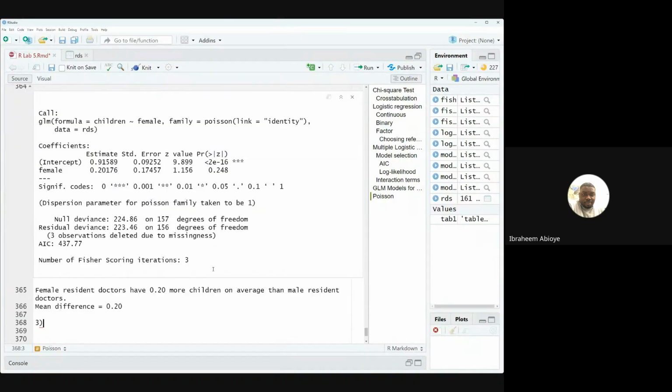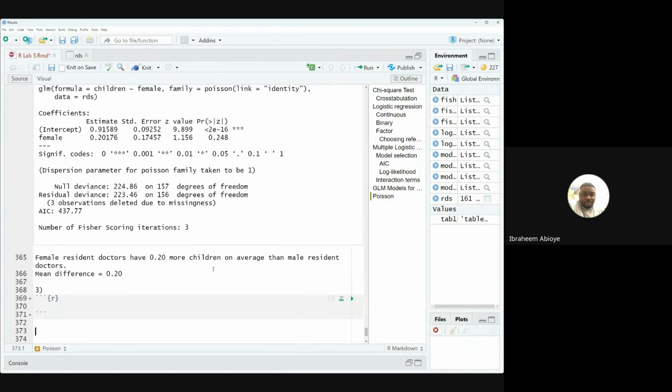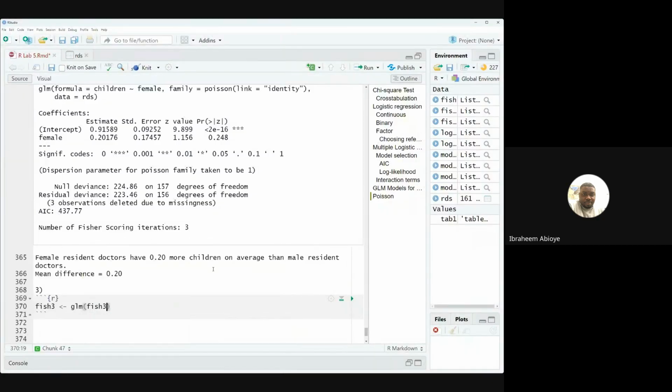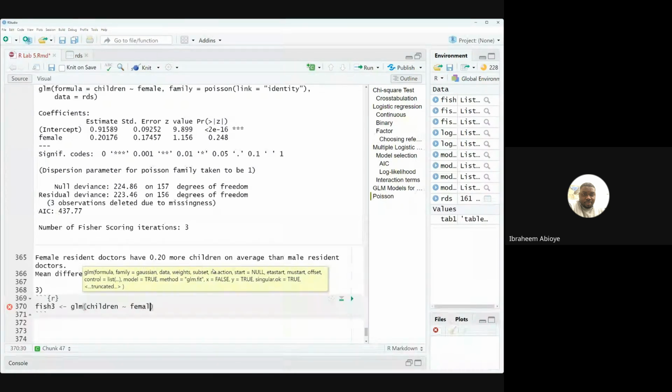So let's look at this third model, where we are also looking at children. Let's call this fish 3. GLM fish 3: children, tilde, the exposure is gender, and we're getting the data equals RDS.